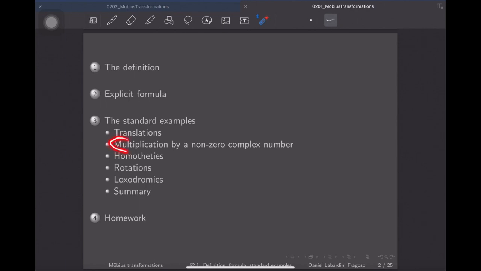And then multiplication by a non-zero complex number alpha, z goes to alpha z, which is the Möbius transformation associated to this matrix. For this multiplication by a non-zero complex number, we saw that it has three essentially different subtypes, depending on where my number alpha is located.